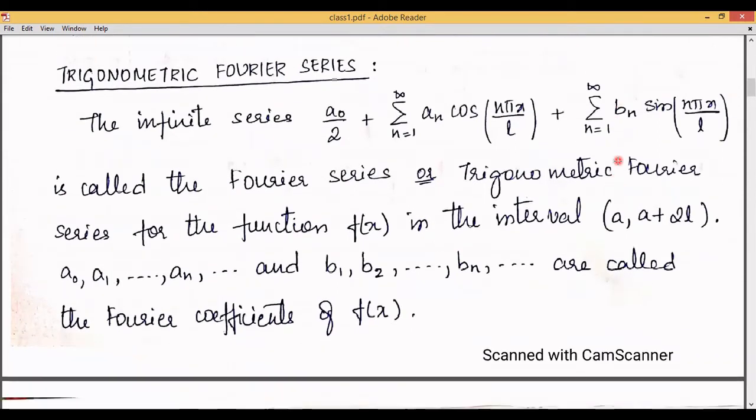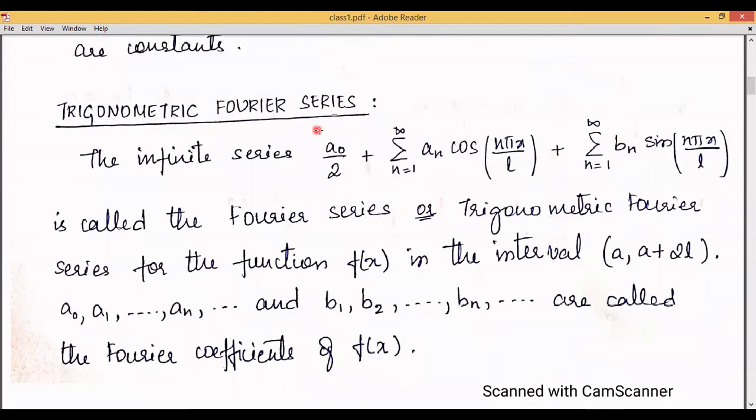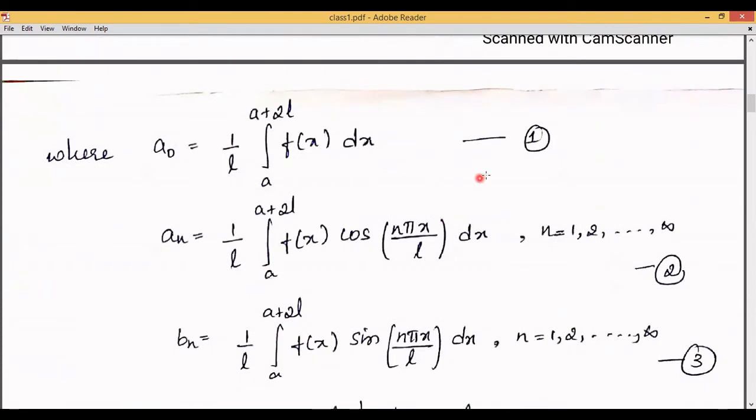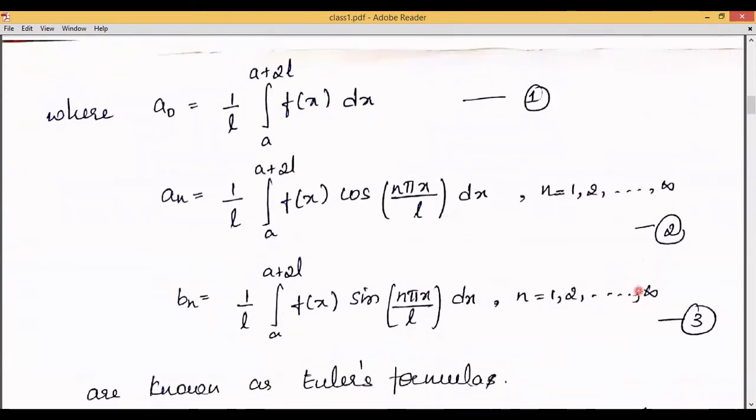And here, what about this a naught, a n, and b n? They are formulated by equations 1, 2, and 3, and these three formulas are termed Euler's formulas.